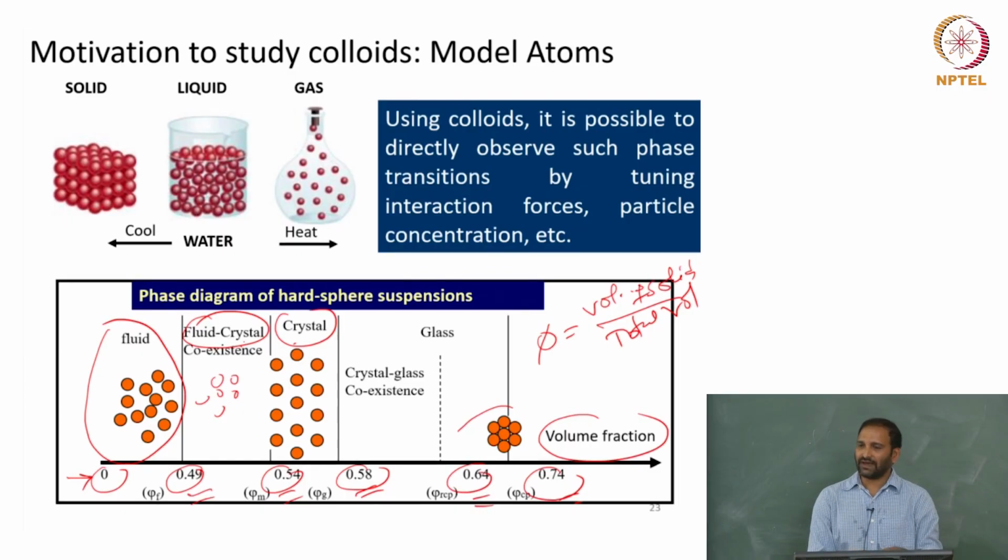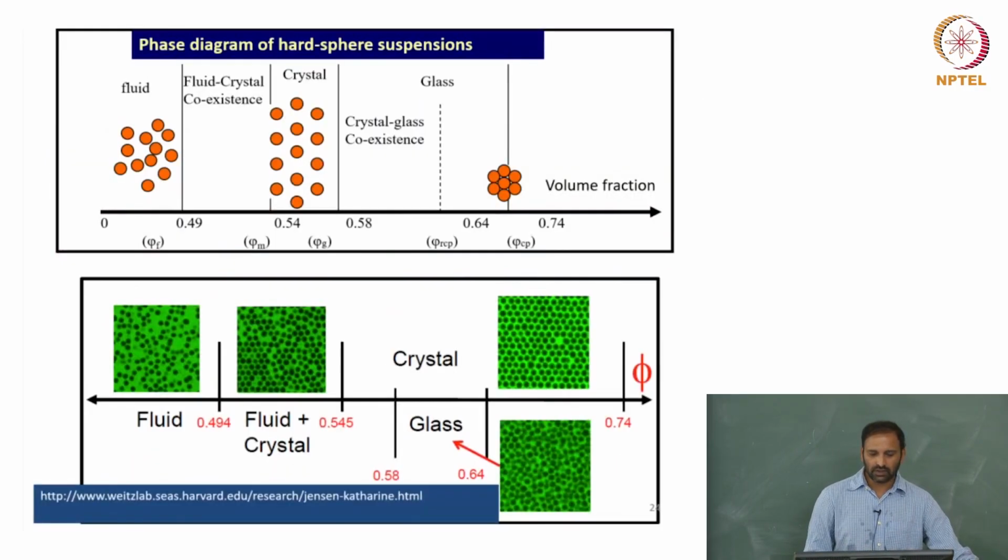So this is a phase diagram that was found from simulations several decades ago. This is an example where experimental visualization is done of what was predicted by simulation. If you want, you can look at more details on this page.